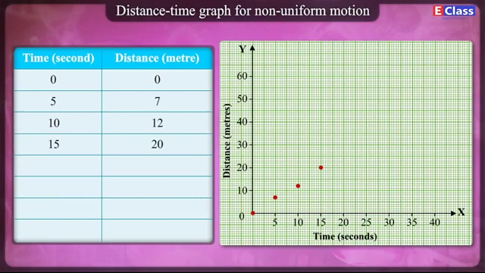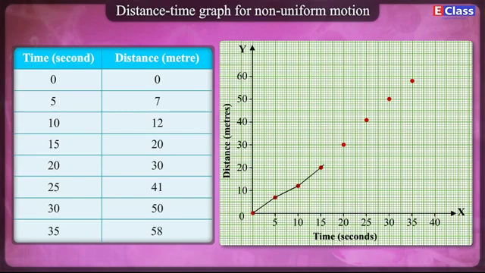Time in seconds, 20. Distance in meters, 30. Time in seconds, 25. Distance in meters, 41. Time in seconds, 30. Distance in meters, 50. Time in seconds, 35. Distance in meters, 58.